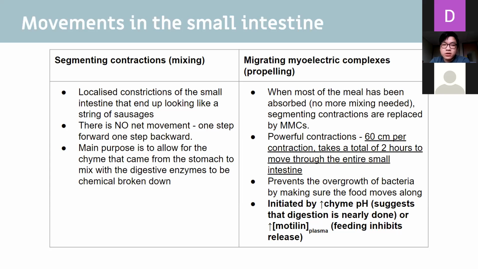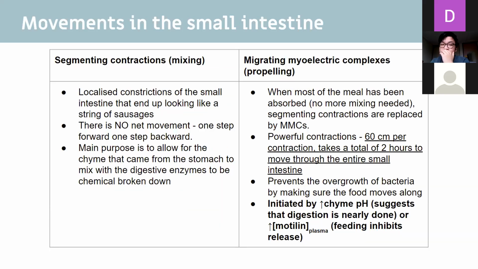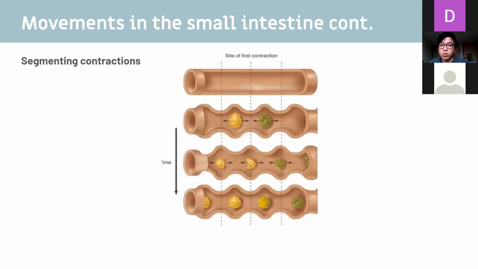So segmenting contractions, I'll just show an image of this, are essentially localized constrictions of the small intestine that, when they occur, end up looking like a string of sausages. It's good to keep in mind that there is no actual net movement. It's more of a one step forward, one step backward kind of deal. As you can see in this image, each ball of food only really moves backwards and forwards within its own range.